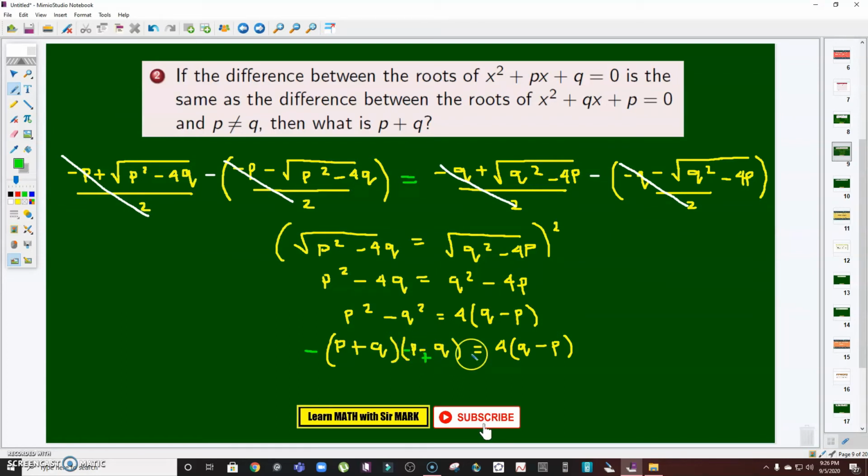Positive q, negative p, positive q, negative p. So, therefore, they cancel. That's it. So, the desired value of p plus q is just equal to negative 4. There you go. See that? Simple lang.